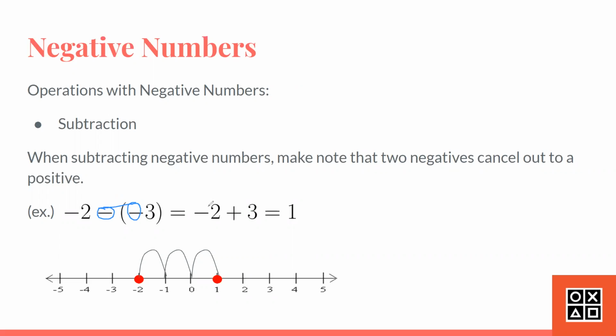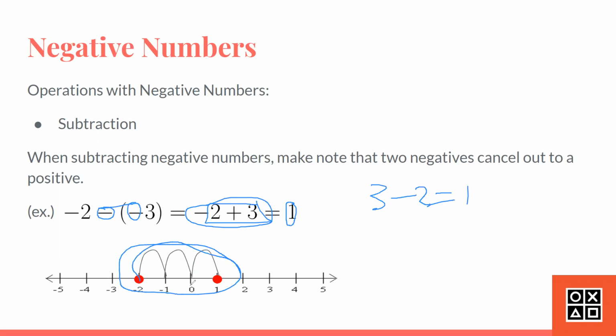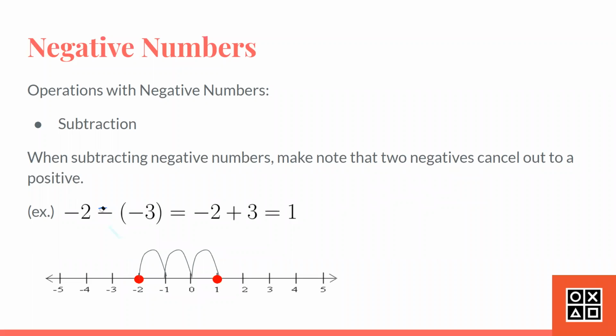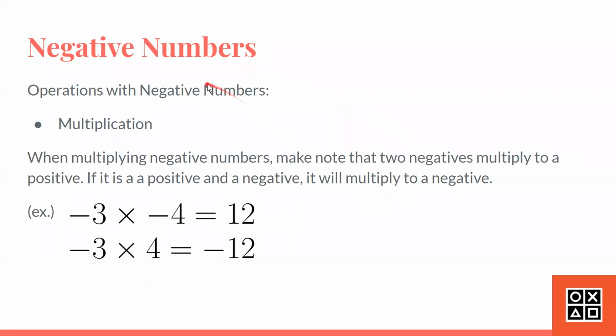So this would become -2 plus 3, and then if you just add those, that would equal 1. Because what we're essentially doing here is just doing 3 minus 2, which equals 1. And right here is the diagram for it. Let me just erase this quickly and move on to the next.